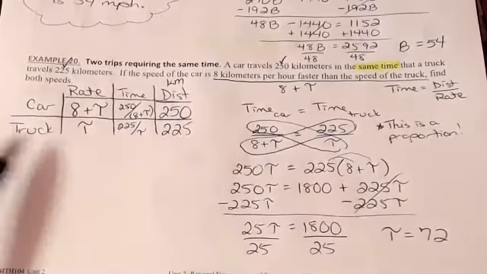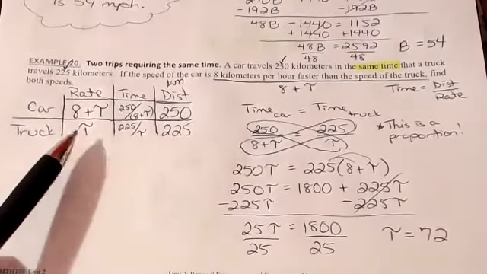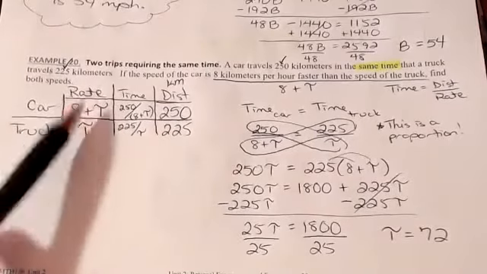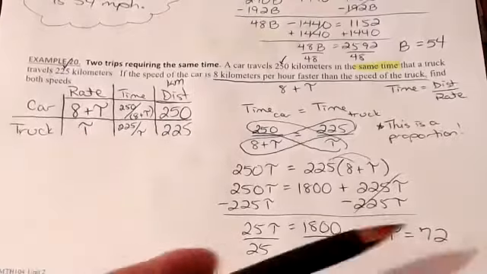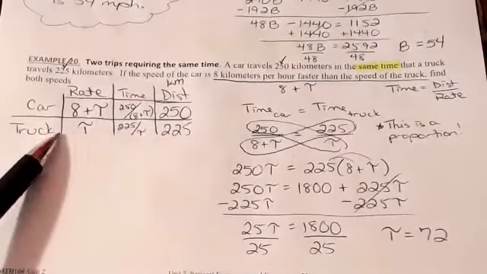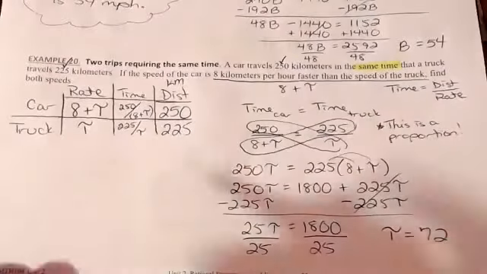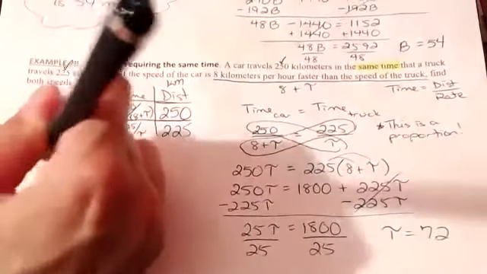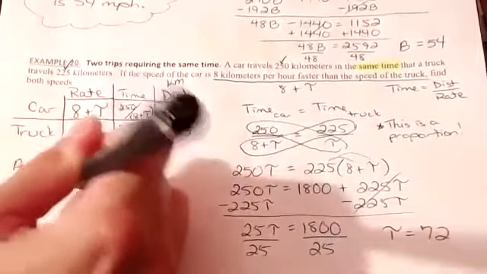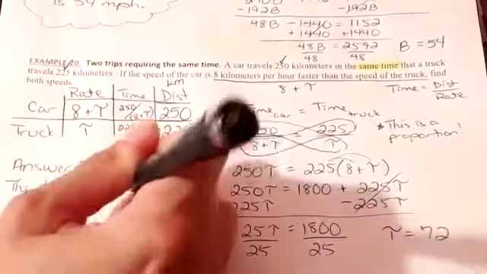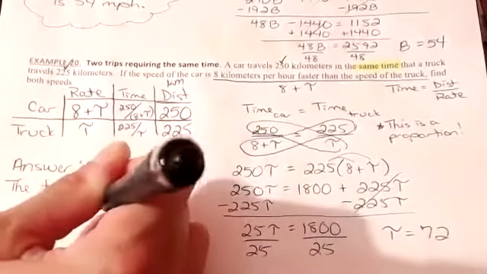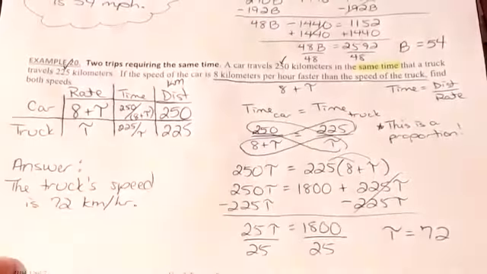When we go back to the chart, t by itself represents the rate, or the speed, of the truck, which means that the truck goes 72 kilometers per hour. So I'm going to start by writing my answer. The truck's speed is 72 kilometers per hour.